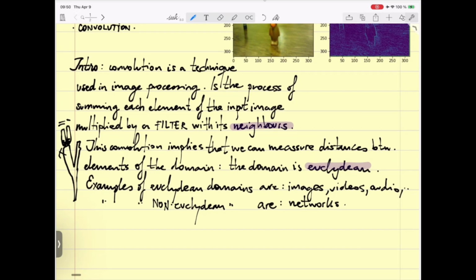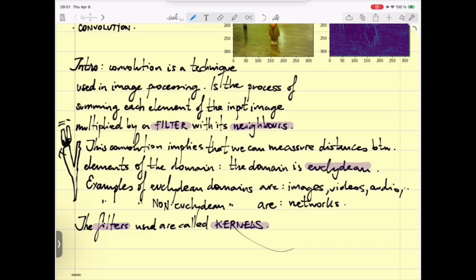The filters used are called kernels. Kernel comes from algebra. The German word is Kern. It means center.